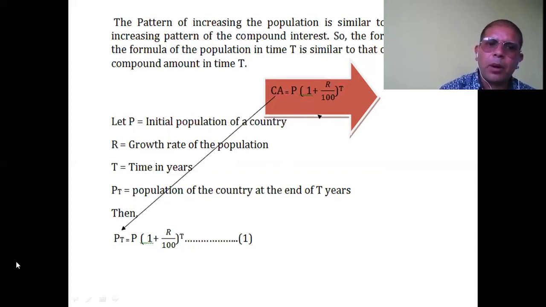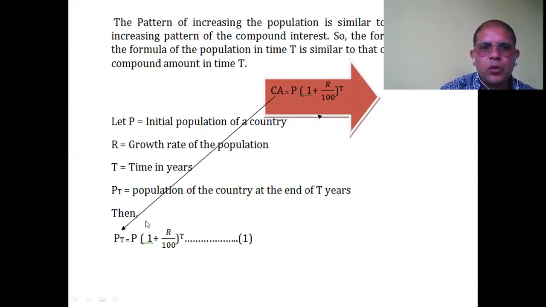PT is the population of the country at the end of T years. So this PT is the final population, P is the initial population. PT is the new population, and P is the old population. For the case of population increase, this PT is greater than P. Don't forget.